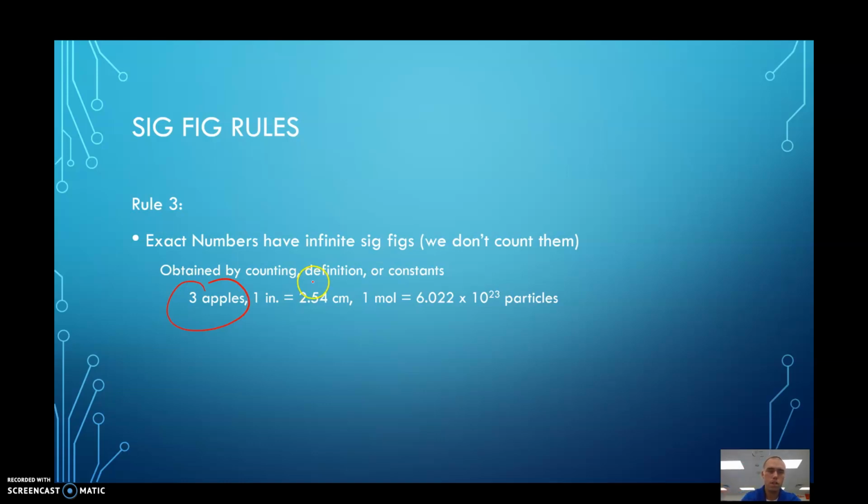Okay? This is a conversion or a definition. This number, we'll talk about this number later, but it is a constant. Okay? But basically the easiest way to remember this is counting. If I can count, oh, I have 1 pen in my hand, 1.0 pens, 1.00000 repeating forever pens in my hand. Okay? And so those sig figs are infinite.